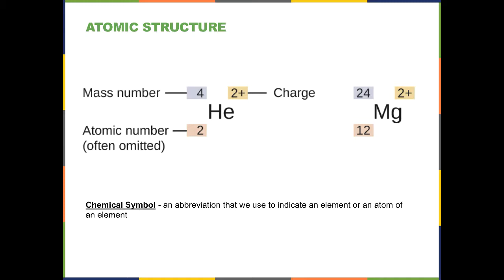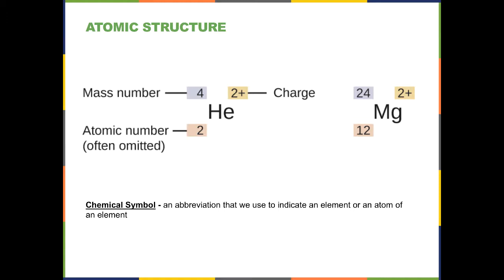If you look at magnesium over here on the right, you see that it has an atomic number of 12, so it has 12 protons, a mass number of 24, so if you subtract 12 protons from 24 total, that tells you that there are 12 neutrons.